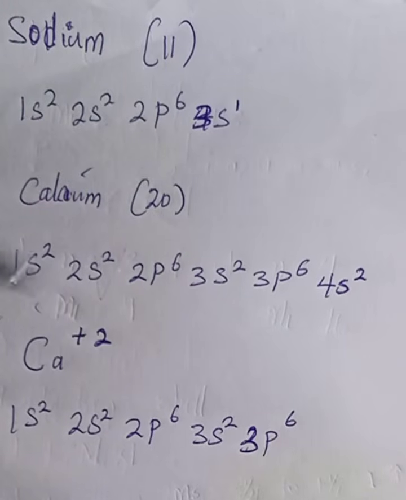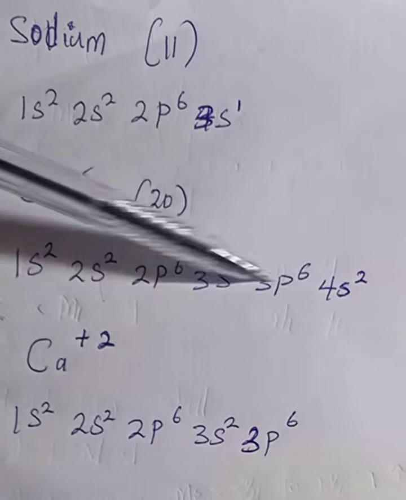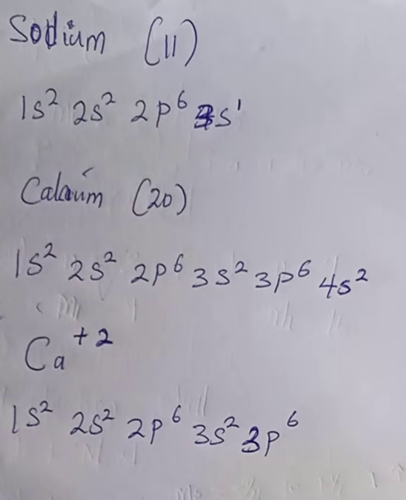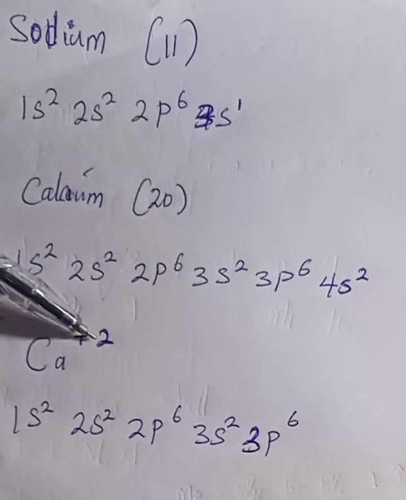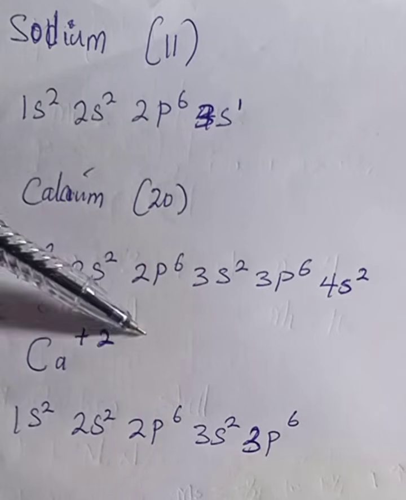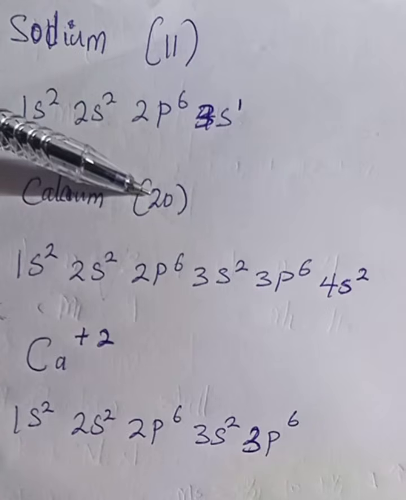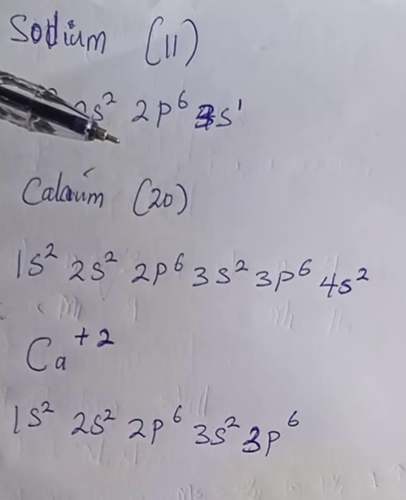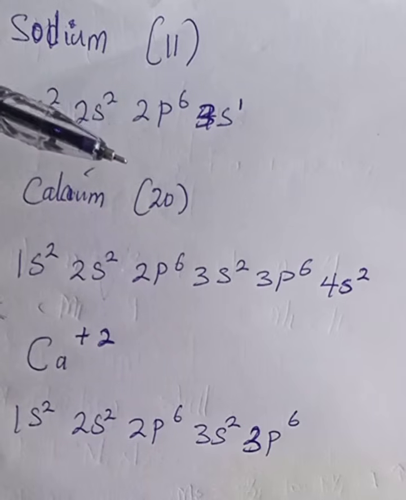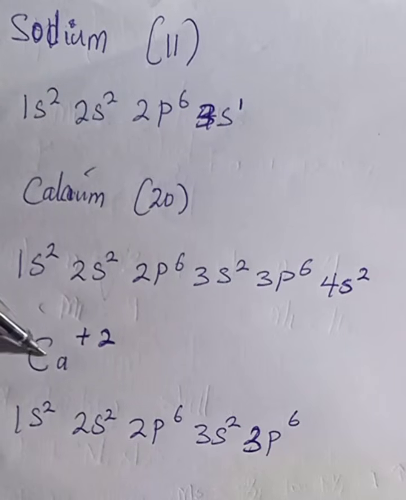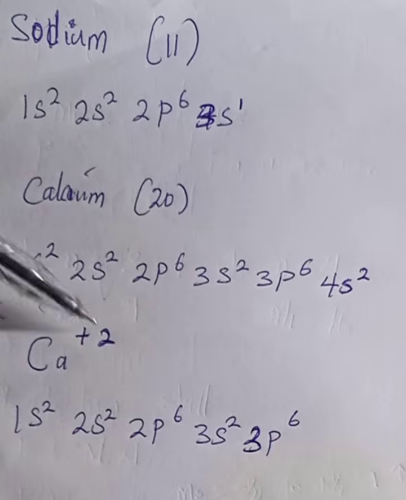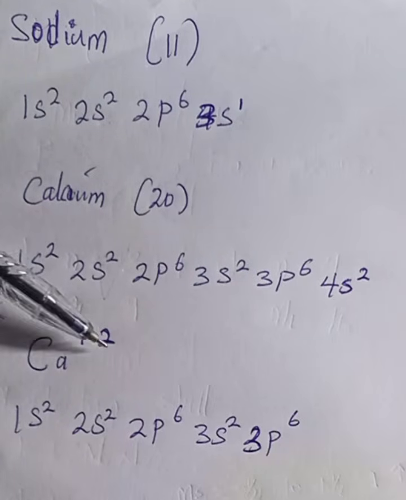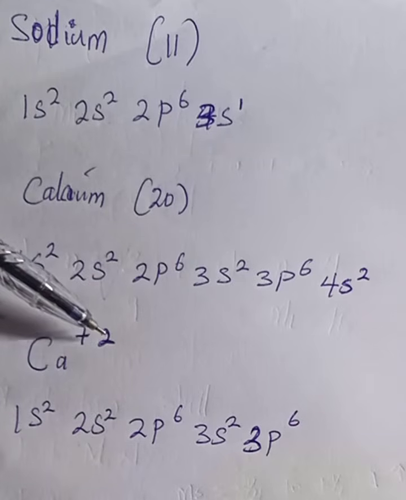Calcium has 20 electrons. We have 1s2 and so on, until we have 20. Then what about calcium 2 plus? This calcium has lost 2 electrons. Remember we discussed ions at the beginning of this class. Ca2 plus means the calcium ion has lost, or given out, 2 electrons.